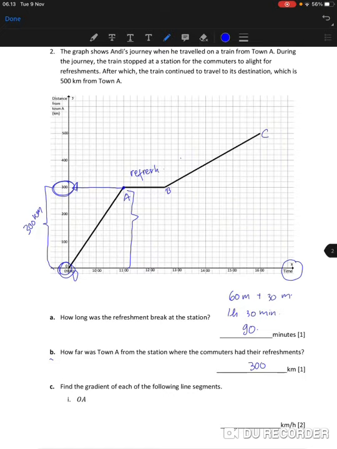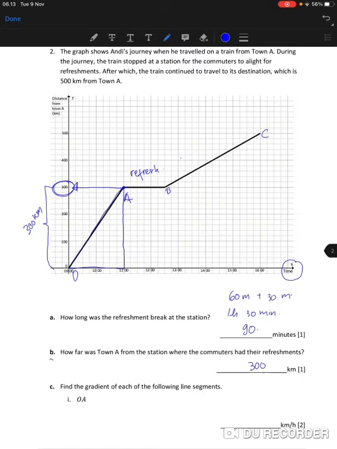Now let's move on to number C. You need to find the gradient of each of the following line segments. Here we have OA. The OA here we have this to this, this to this. Now I need you to make a triangle.